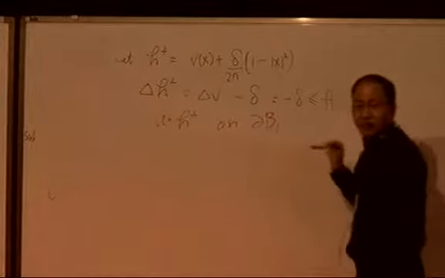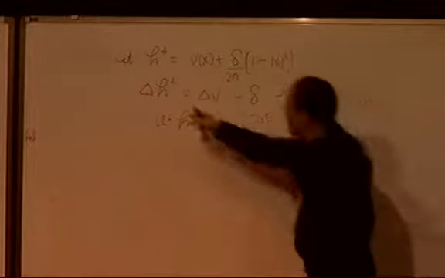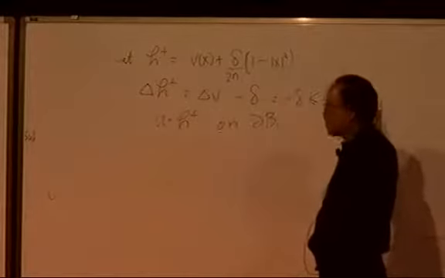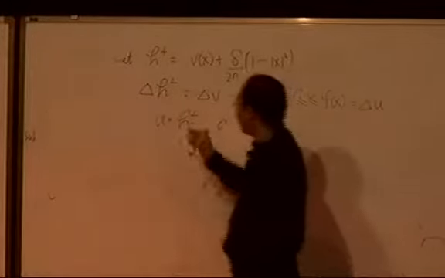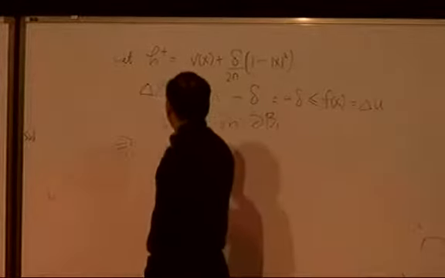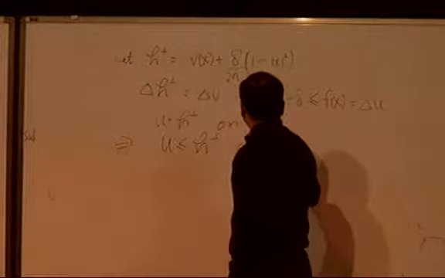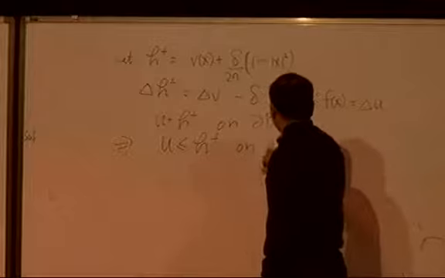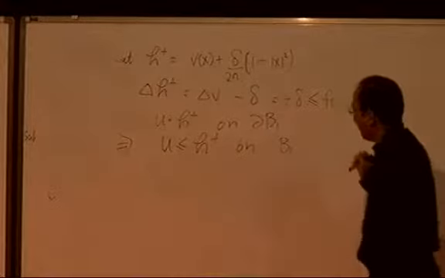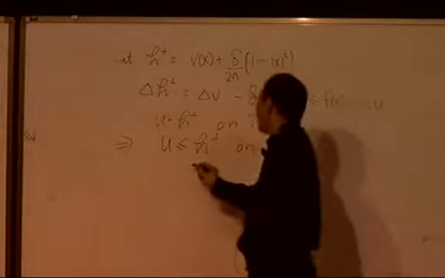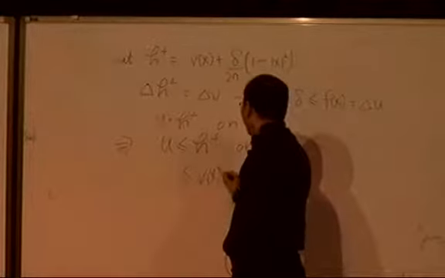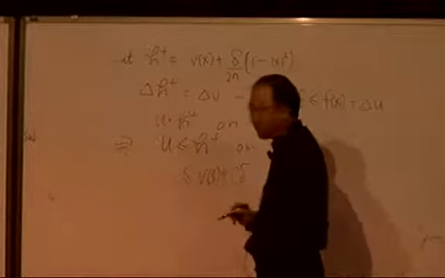This is a supersolution for u and they have the same boundary value, therefore u is less than or equal to h plus in the whole domain, and that is less than or equal to v of x plus constant times delta.